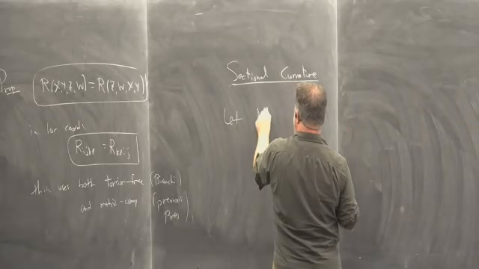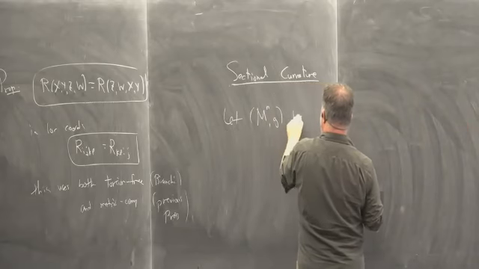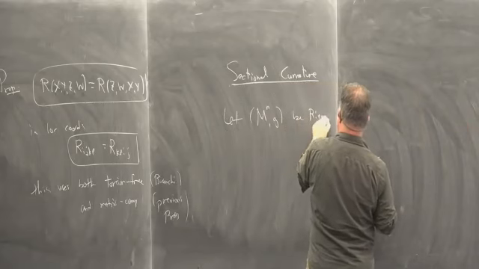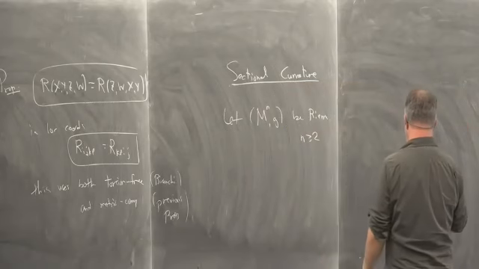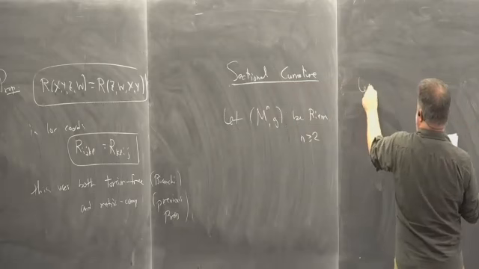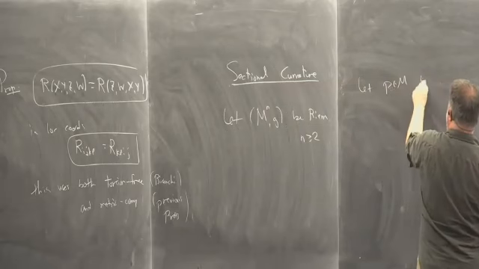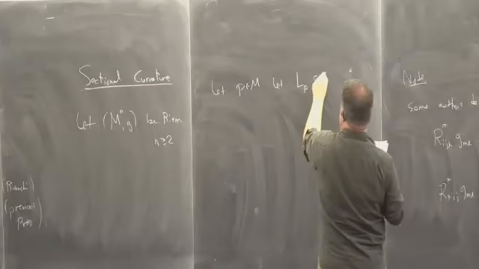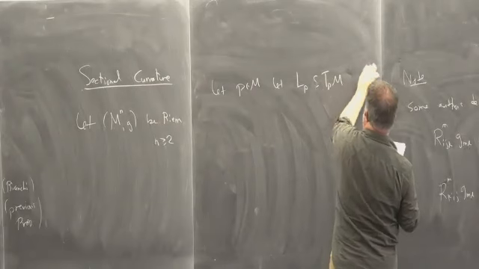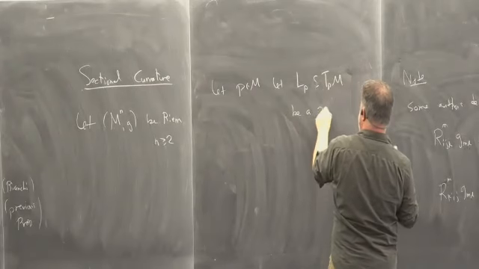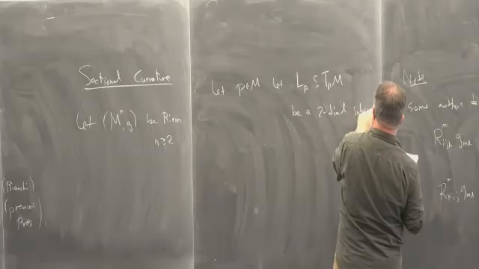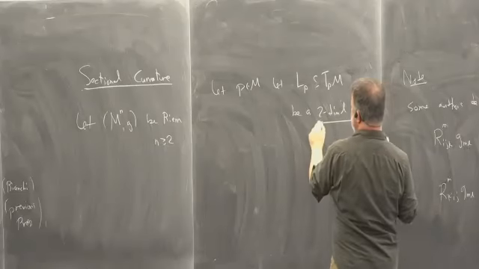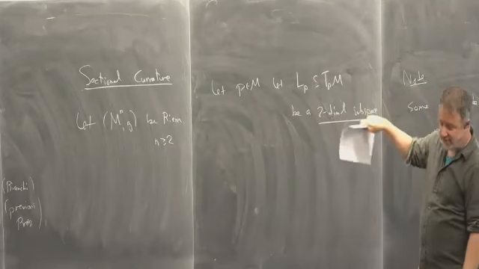So let M be Riemannian and n at least 2, because remember, one-dimensional is uninteresting. Let p be a point and let L_p be a two-dimensional subspace. You can see we need n to be at least 2, otherwise there are no two-dimensional subspaces.